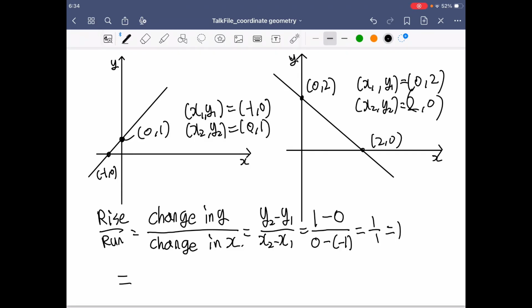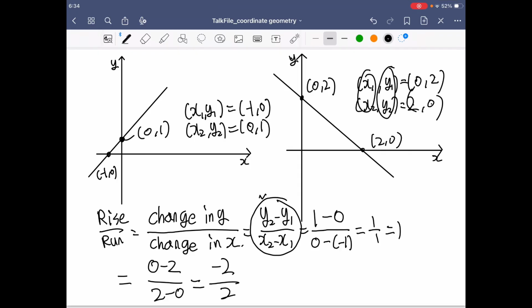So y2 minus y1, x2 minus x1 would look like, y2 minus y1, 0 minus 2, over x2 minus x1, 2 minus 0.